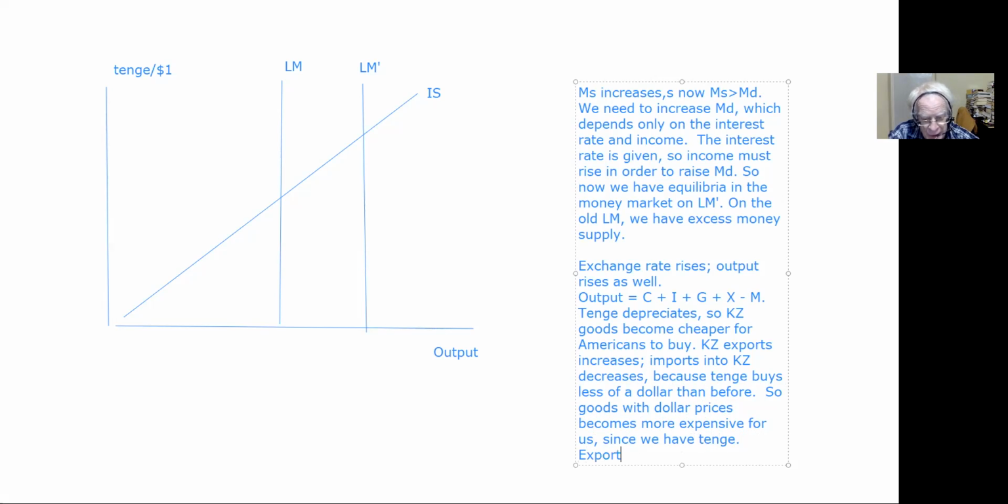So as you say, net exports, or the difference between exports and imports, will rise. And thus GDP or output will rise as well. Okay, good. So you have a good understanding, I think, of the Mundell model.